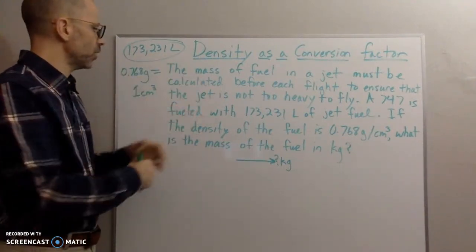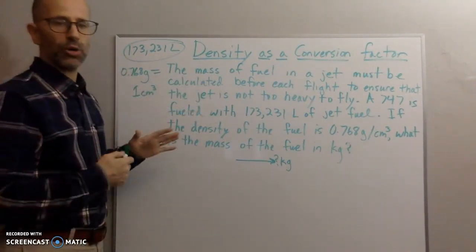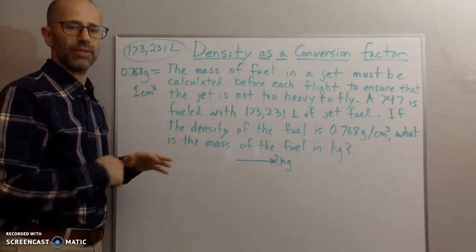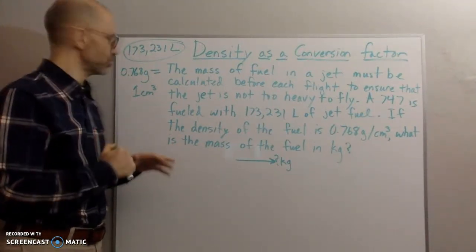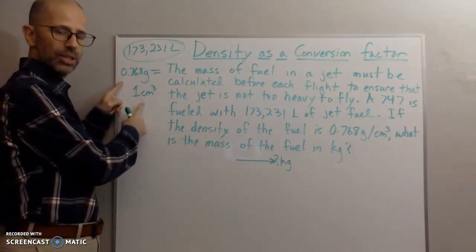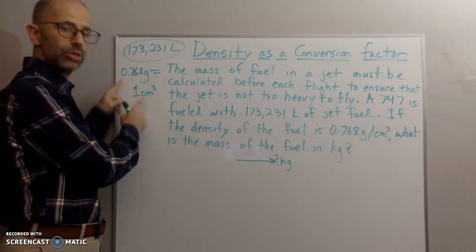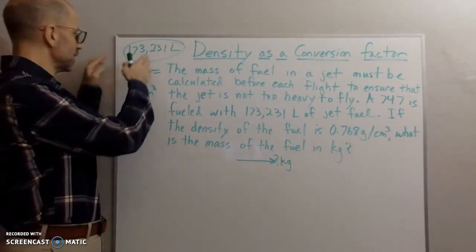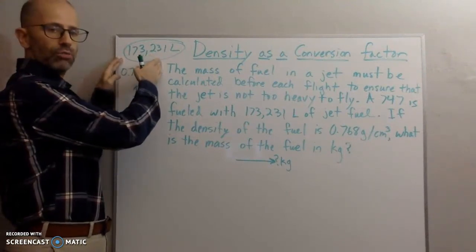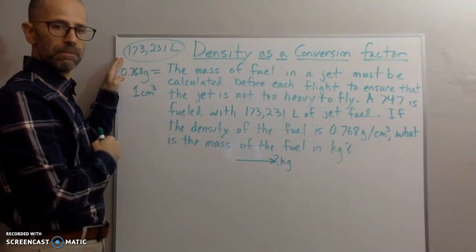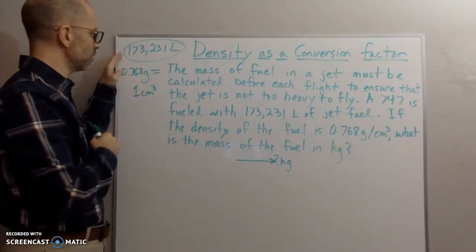What are we going to begin with? 99% of the time, we're not going to begin with a conversion factor. We're not going to begin with the relationship; we're going to use that to convert. The only other piece of information they give us is the volume of the fuel, liters.